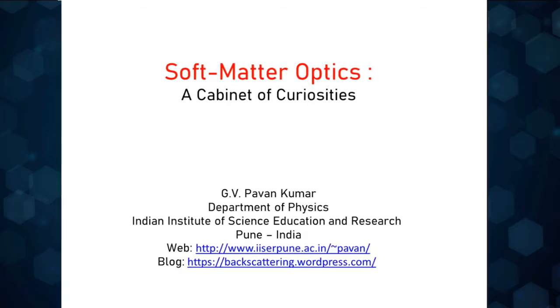And this talk aims to give you an overview of how soft matter has been adapted in optics, and what soft matter can offer in optical applications, especially in photonics at micro and nano scale.